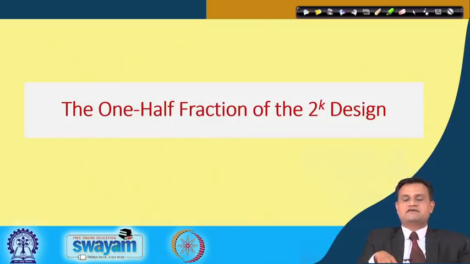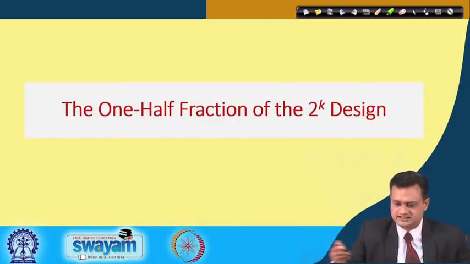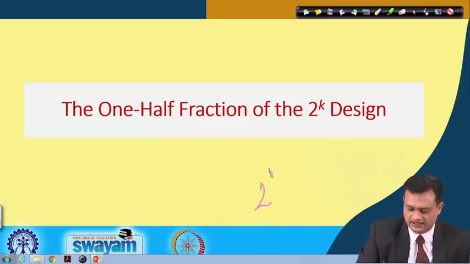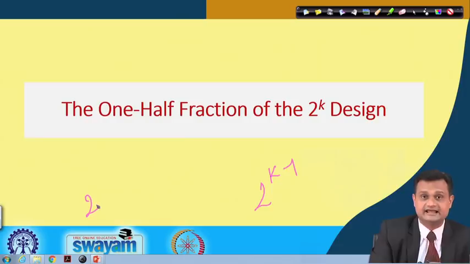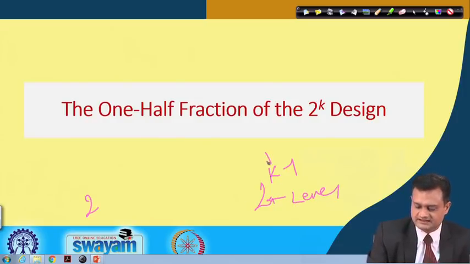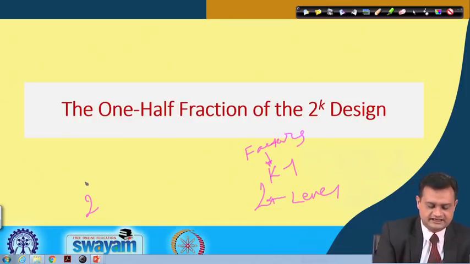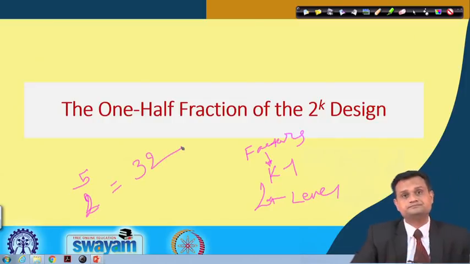So a 1/2 fractional factorial design, you can also express it as 2 raised to k minus 1. Just see with the example: suppose 2 is the level and these are the factors, and if I say this is my 2 level 5 factor full factorial, I will have 32 runs.